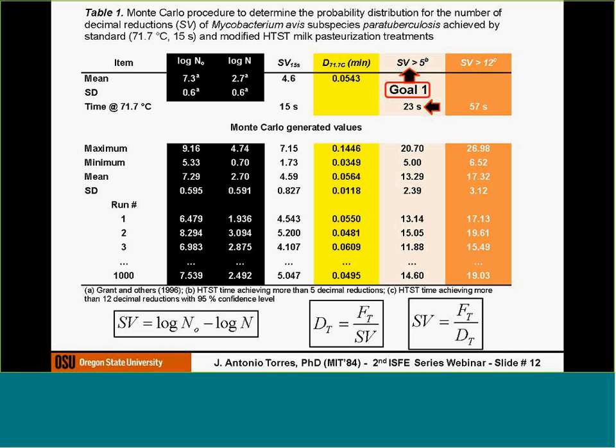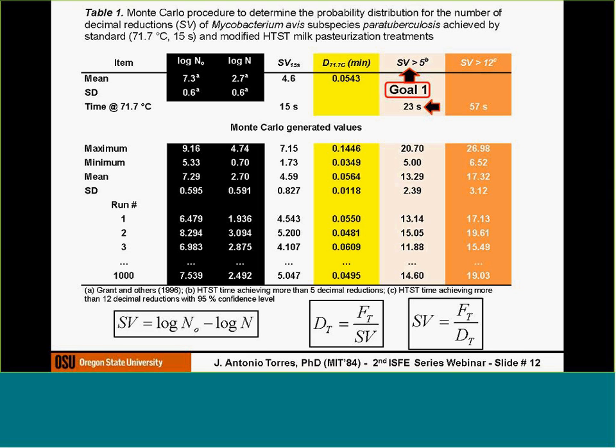If we try different values of the processing time, by trial and error, we'll find that the processing time required will be 20 seconds.